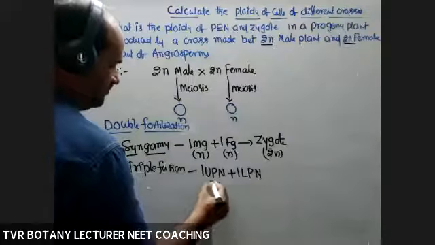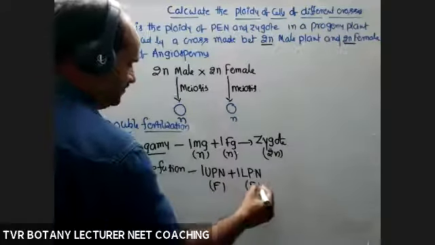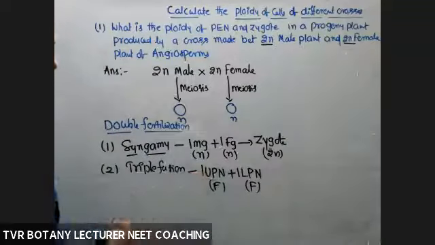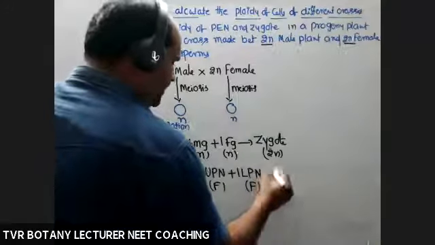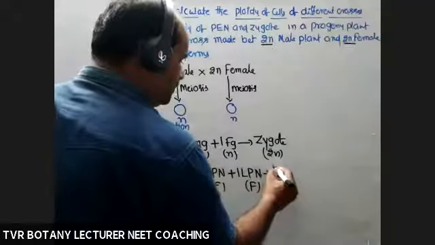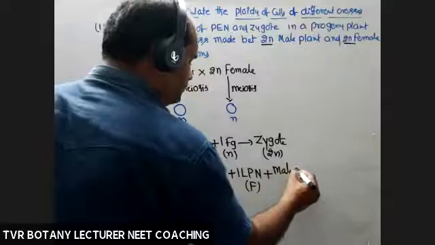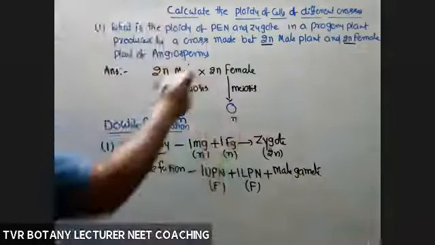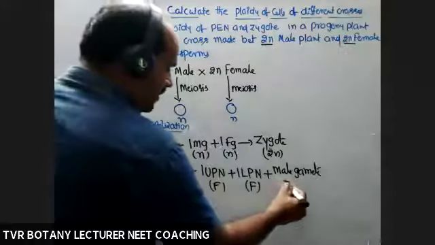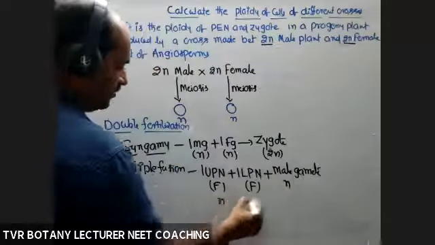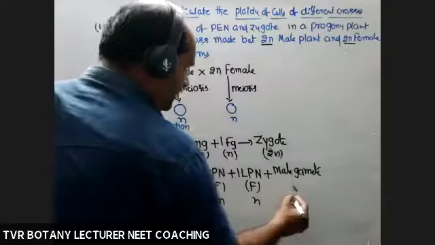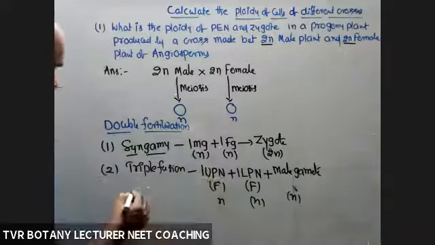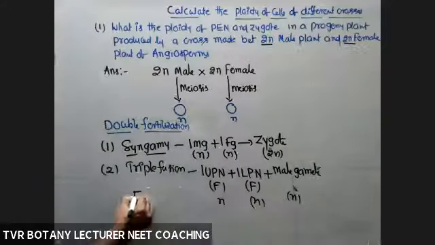From the female, there is no involvement of a gamete here. But on behalf of the male, a male gamete is involved. So, second, male gamete. According to the ploidy given, definitely all these are haploids only. Haploid, haploid, haploid. What about the female side nuclei involved?